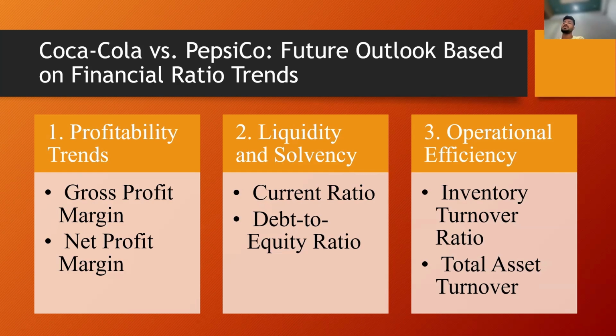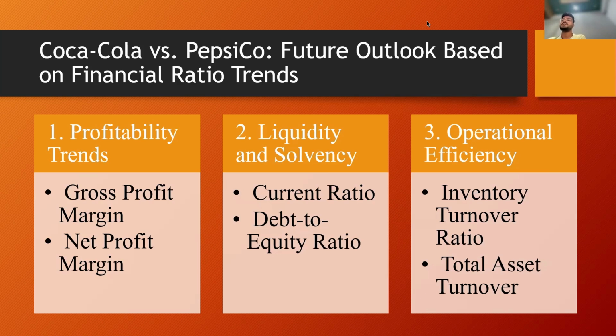Debt to equity ratio: Coca-Cola exhibits a debt to equity ratio of 1.93, reflecting a balanced approach to leveraging. PepsiCo's higher ratio at 2.33, implying greater reliance on debt financing. Future implication: Coca-Cola's stronger liquidity and conservative debt levels may provide greater financial flexibility in uncertain economic conditions.